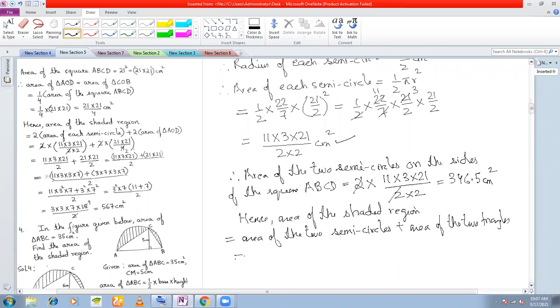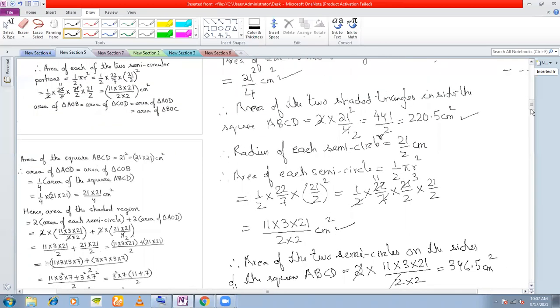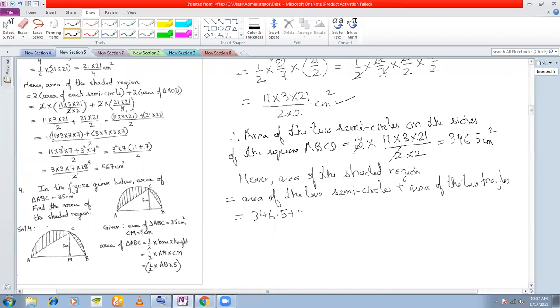Area of the two semicircles we have found as 346.5, and just above here we have found the area of the two shaded triangles as 220.5, which is equal to 567 centimeter square is the area of the shaded region.